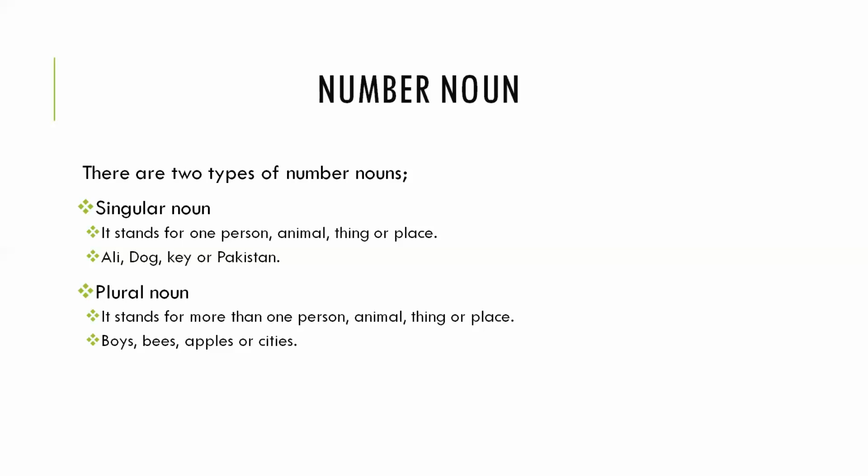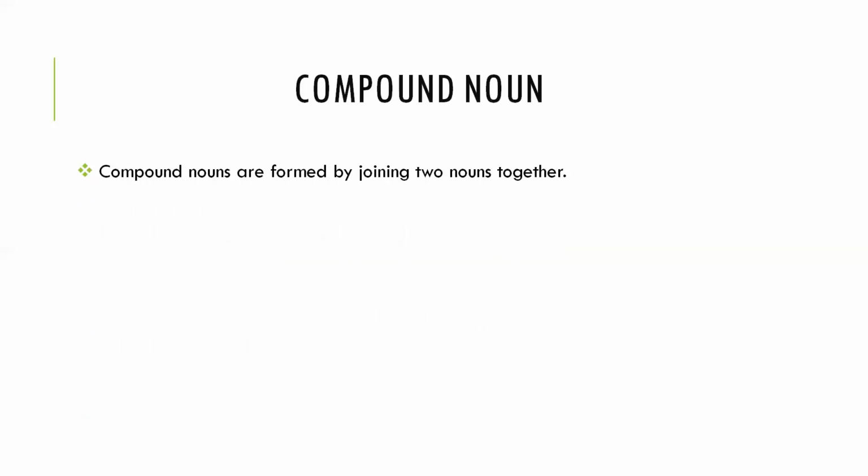We have 7 rules for converting singular into plural noun. We are not going into that detail, but singular noun can be changed into plural noun by adding s, by adding es, or by transforming it into another word. So number noun defines the number of noun. How many nouns are there? Singular or plural.